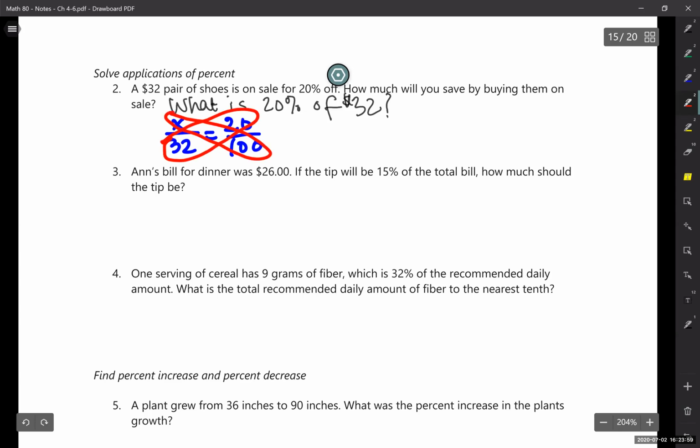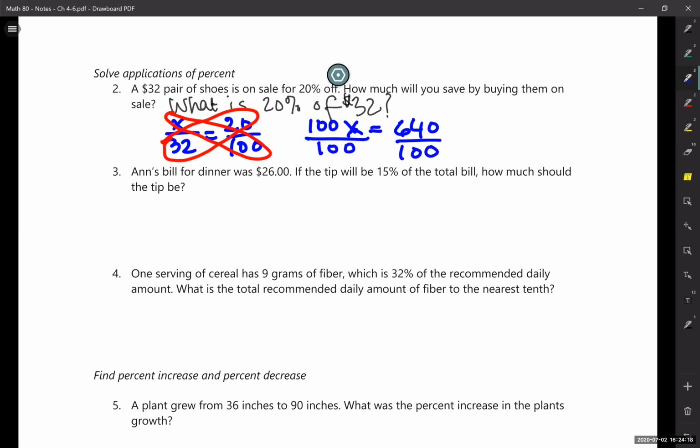But we have 100x equals, and then we have 32 times 20, so 640 divided by 100. And so x equals 6.4. So the final answer is $6.40.